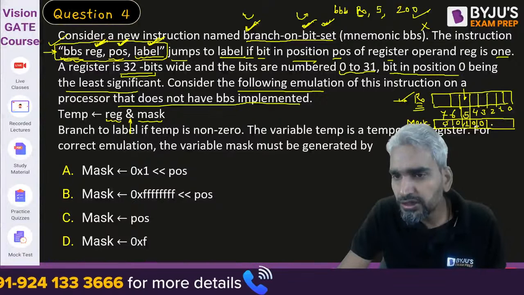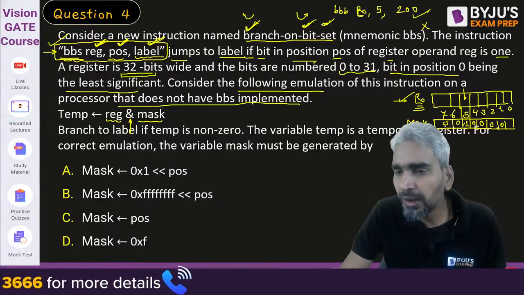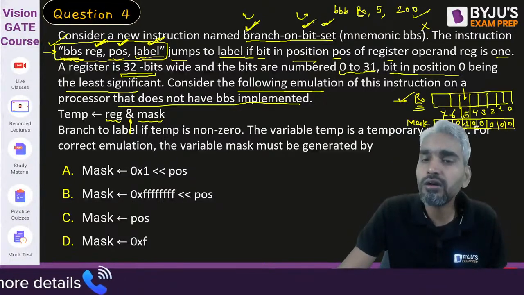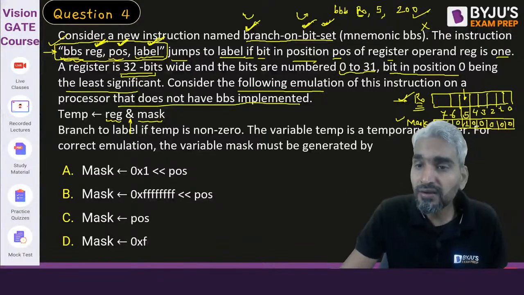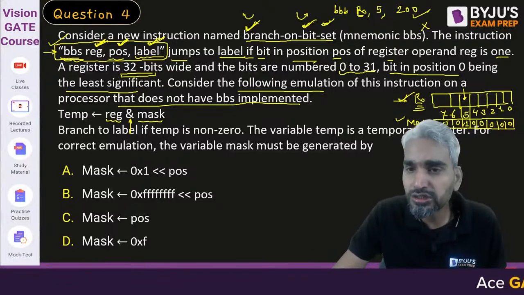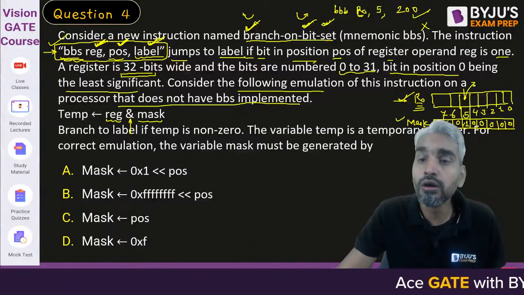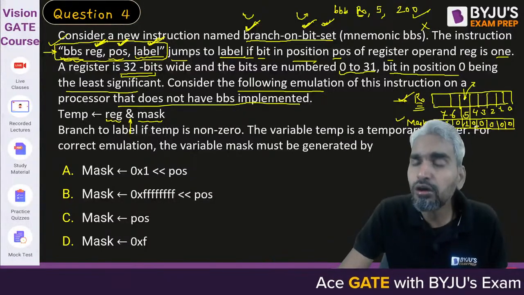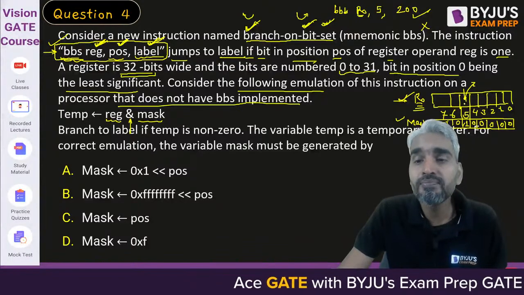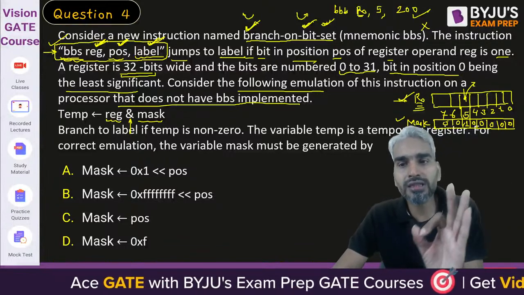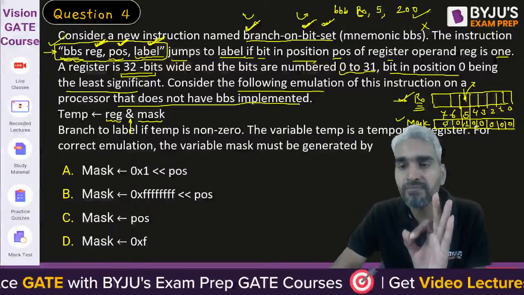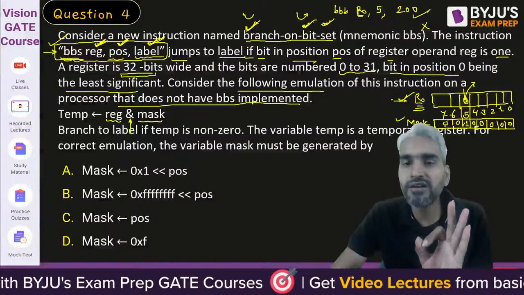All other bits should be 0, because if we are performing the bitwise AND operation of this register with this mask, then the result will be 0 if the bit at position 5 is 0. If the bit at position 5 is 1, then the result will be non-zero, because it only depends on the value at position 5 in register R0.